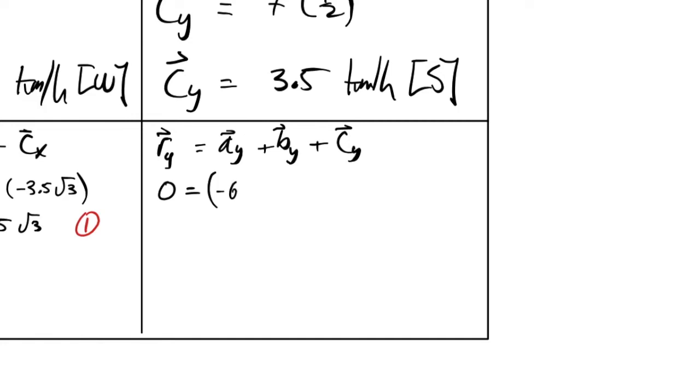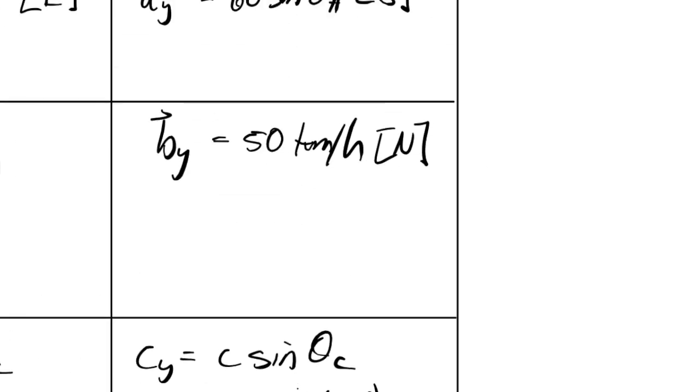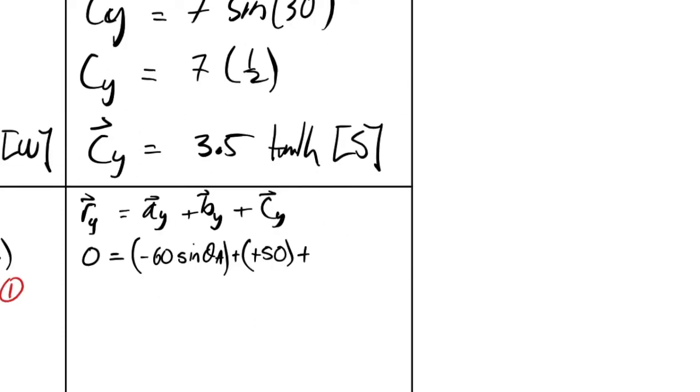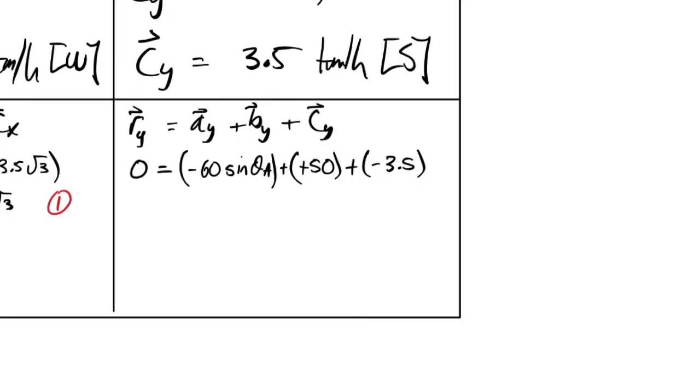So negative 60 sine theta A. Our vector by is 50 kilometers per hour north, which makes this a positive value, positive 50. And then finally, looking at cy, that's south, making it a negative number. Let's clean things up.